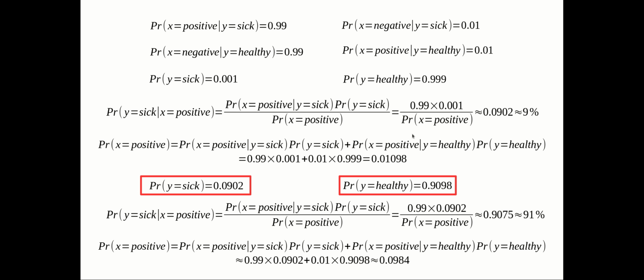But how do we actually understand this test result? I have less than a 10% chance of actually having the disease given the test result is positive. How do I understand that? Suppose I have 1,000 people. Out of those 1,000 people, only one person could have the disease.